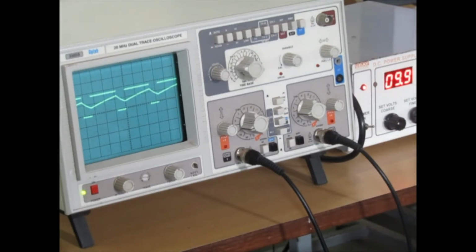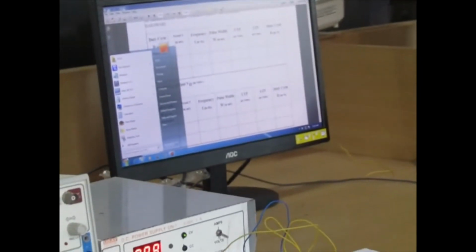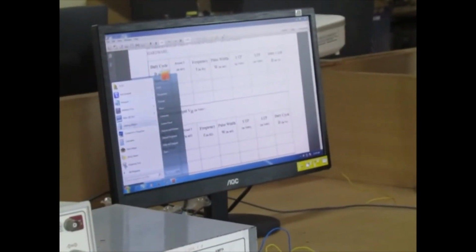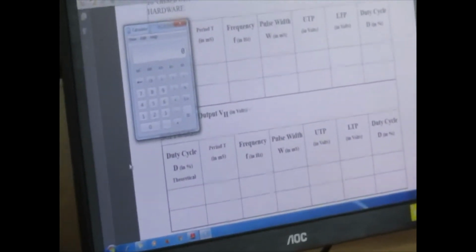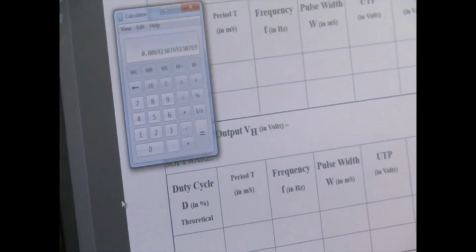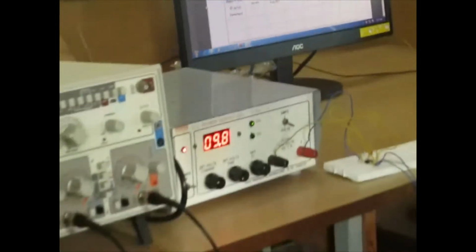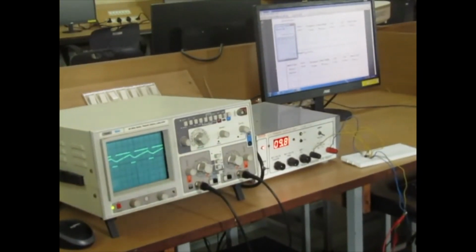So once you do the calculation, that is 0.45 divided by 0.65, that will be your duty cycle. So here we will get 69% of the duty cycle, which is very near to 70% of the duty cycle, right? That is nothing but one of our cases, that is the duty cycle greater than 50%.